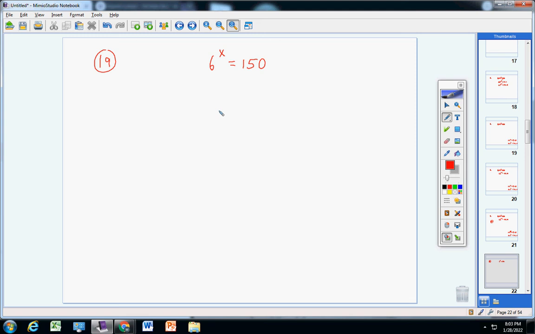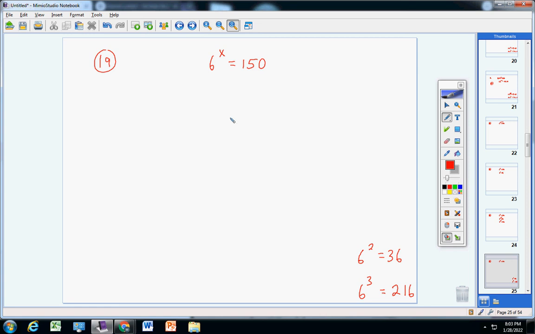Okay? Number 19. Okay? We cannot write both sides with the same base. So I started typing numbers into my calculator for x, and I found out that 6 squared is 36, but 6 to the third is 216. So 2 is not quite big enough. 3 is too big. So my answer has to be between 2 and 3.